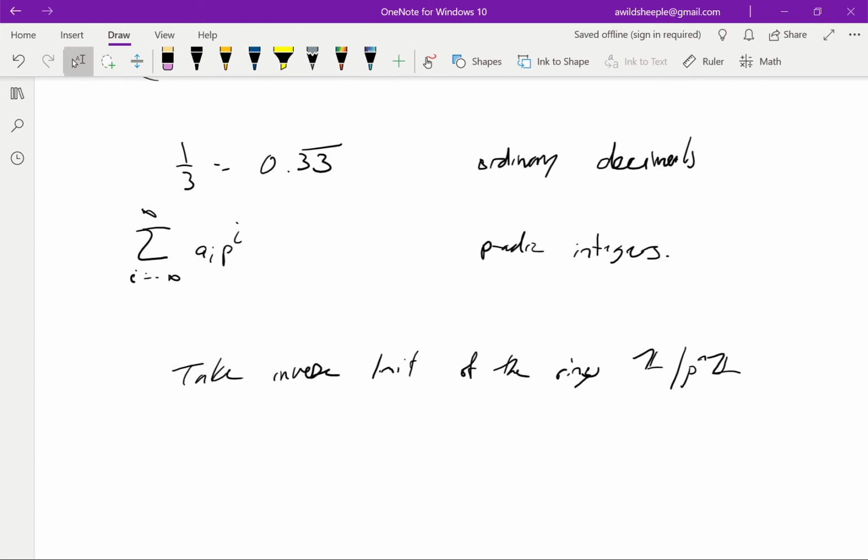Is that right? Or do I want to go the other way? I always get this confused. We're taking the inverse limit. That's the sequence where we have Z mod p, and then they go backwards like this. So it's multiplication. So the maps between them are multiplication by p.